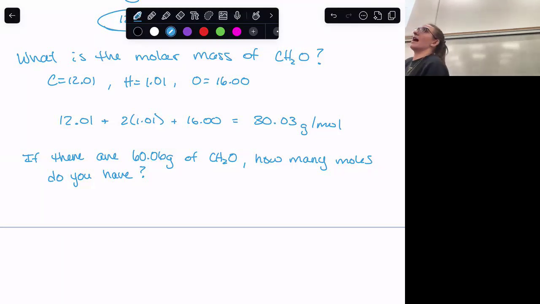Right, so now let's use our dimensional analysis. What are we starting with? 60.06. We need to get to the moles of CH2O. How do we convert between grams and moles? Not yet.